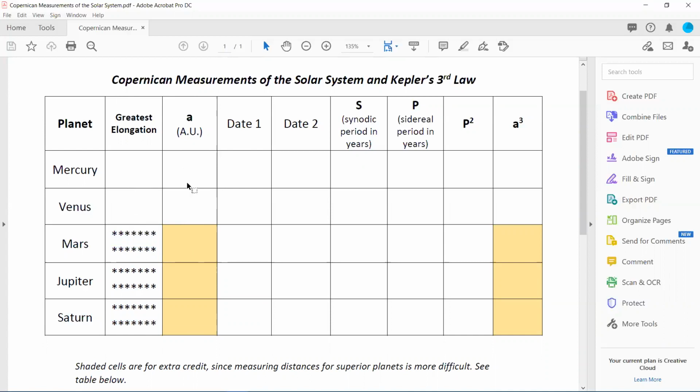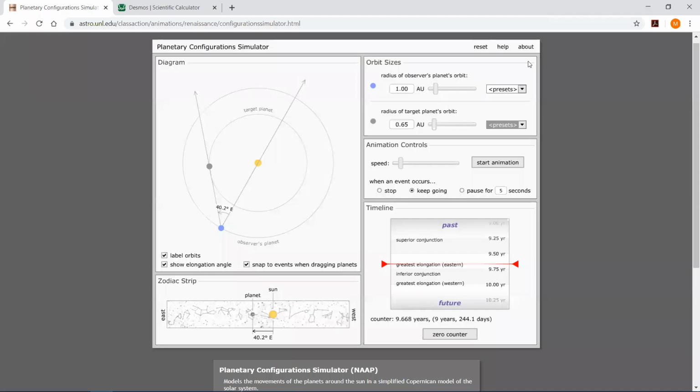And then here is where you would use the sine function to find the size of the orbit, okay? So I'll be looking to see that you have your own values here. So the part of the lab that I've described thus far, it's just these 4 cells. That's it. All this other stuff you're going to do with a different method. Okay, so that's it for determining the size of the orbit.